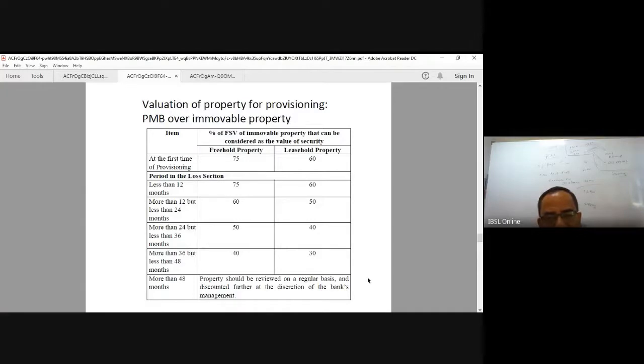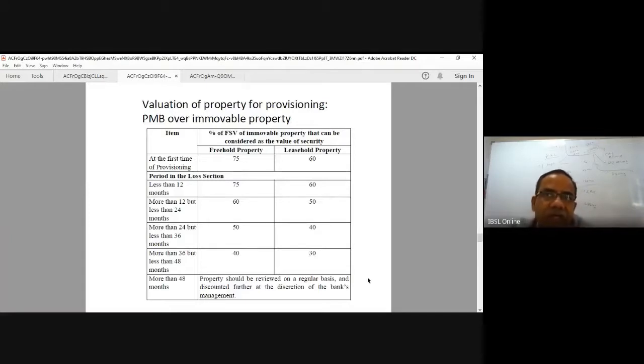This is divided by the central bank into two: freehold property and leasehold property. If it's a freehold property, at the time when you are first providing, you will take 75% of the forced sale value.